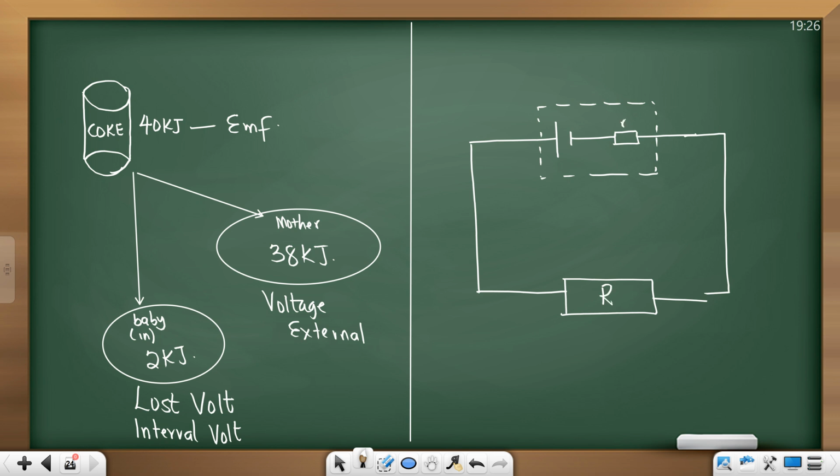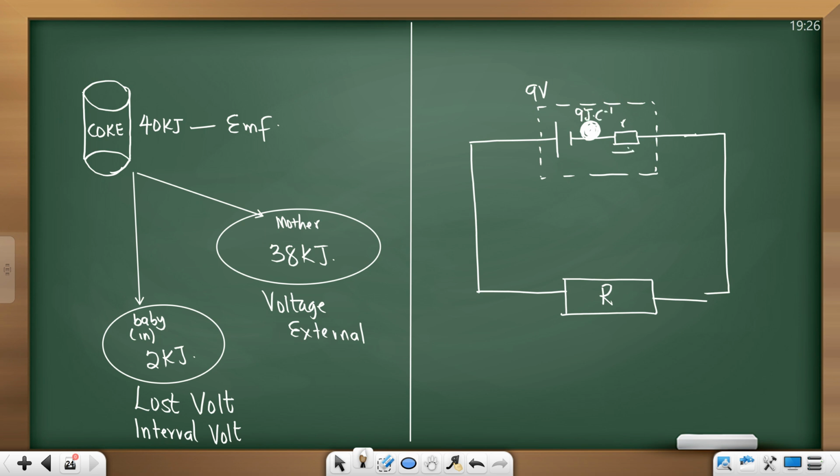What's going on here? Charges are moving, right? Okay, so a full charge wants to move out. Let's call this a 9 volts battery. That's the maximum. So this thing is full. It's 9 joules per coulomb.